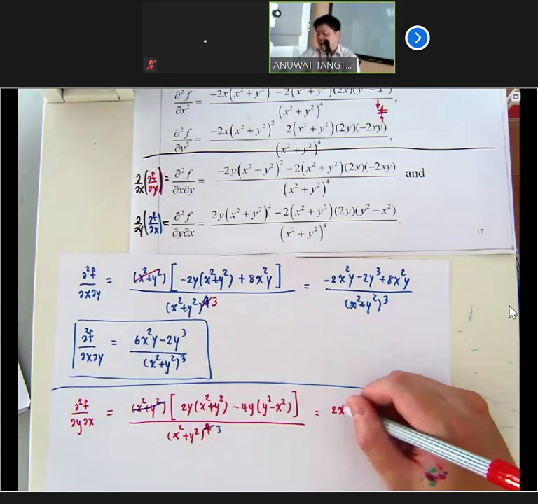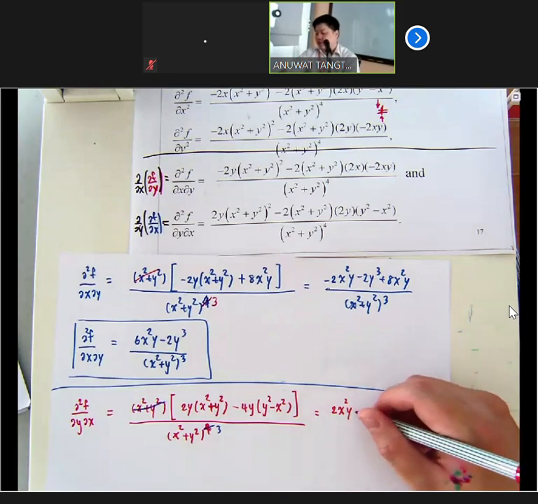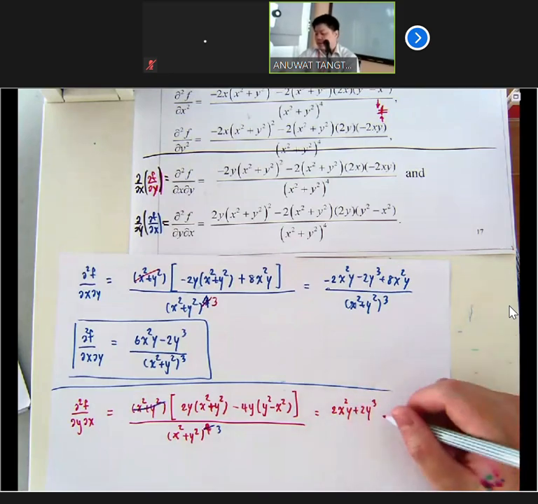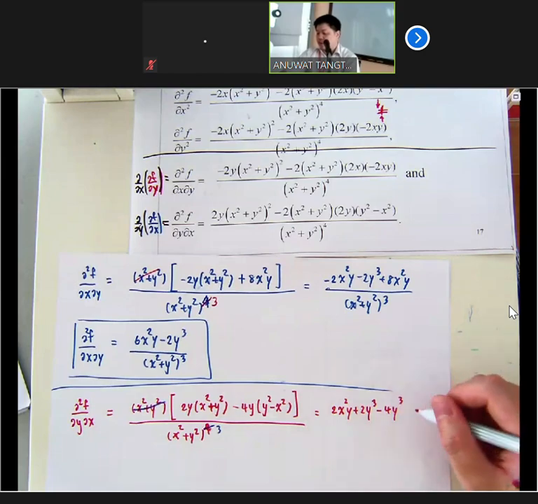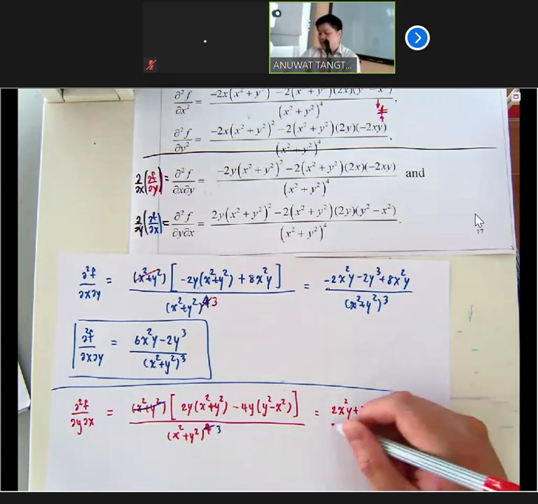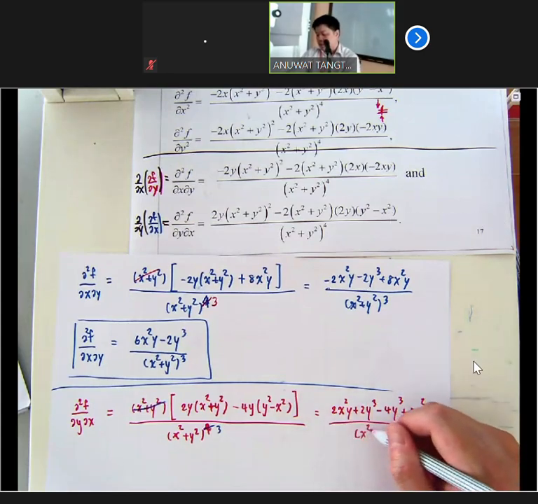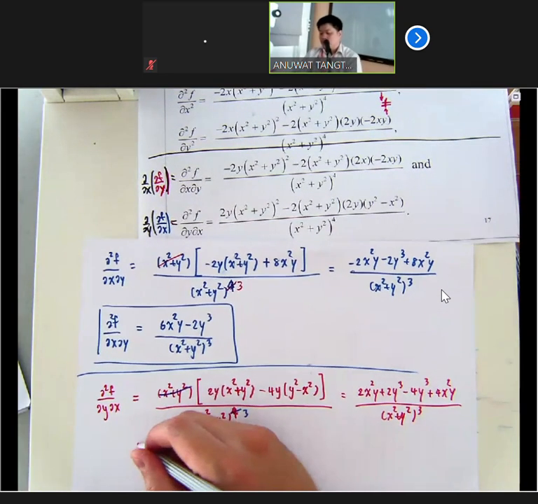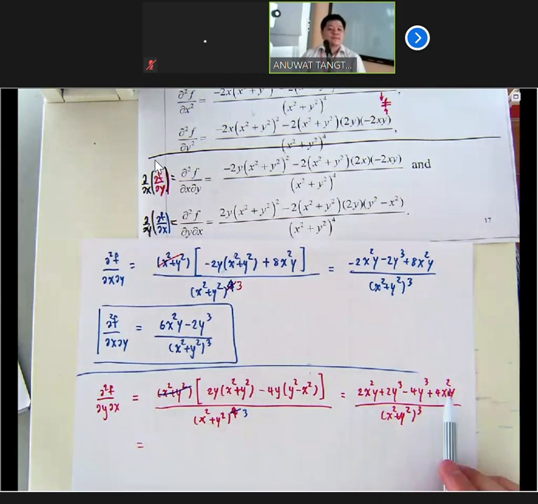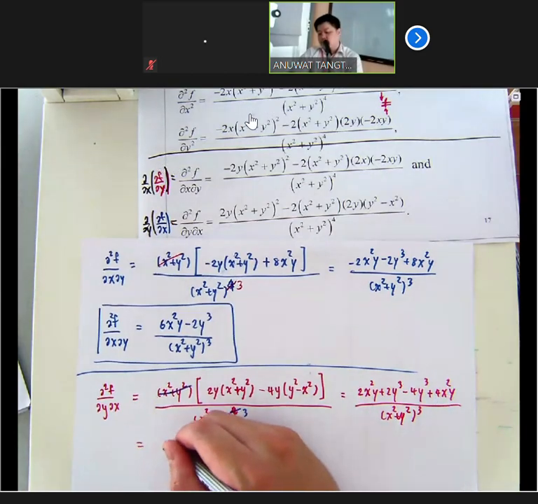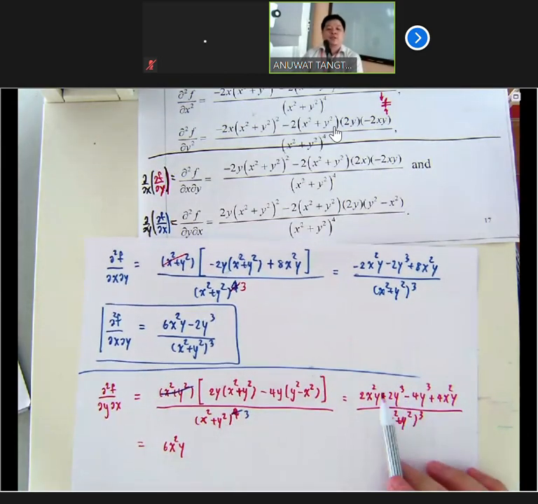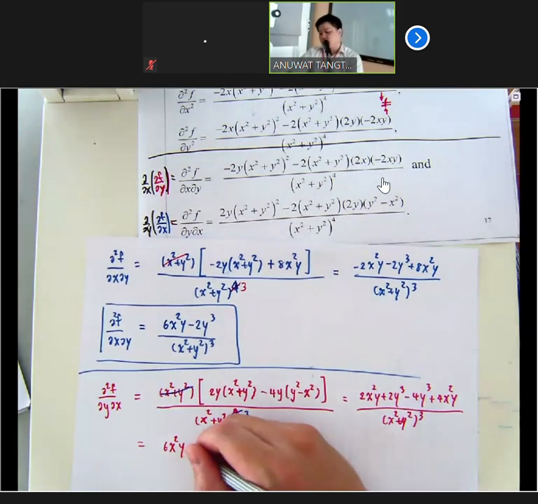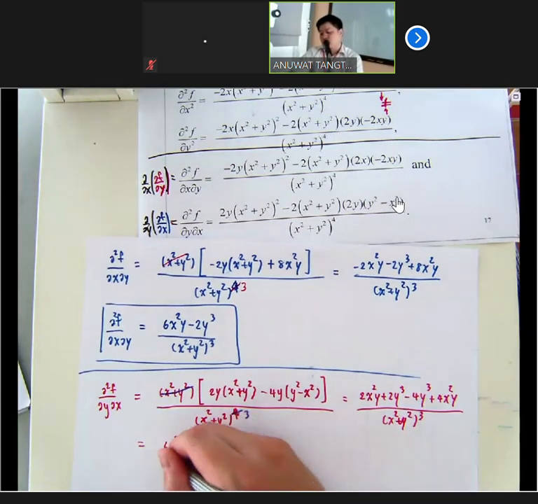2x squared y plus 2y cubed minus 4y cubed, and then plus 4x squared y. 2x squared y plus 4x squared y becomes 6x squared y. Plus 2y cubed minus 4y cubed becomes minus 2y cubed.